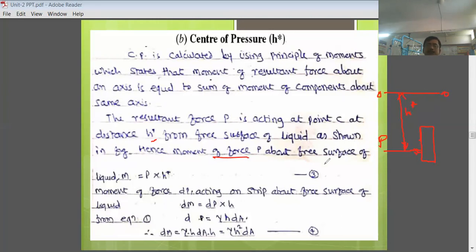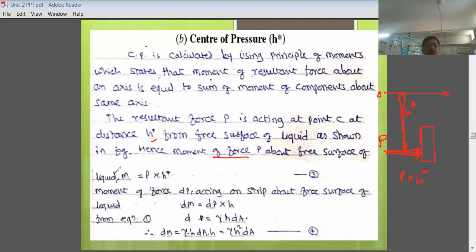Okay, free surface. Now what will be the moment of this capital P about this free surface? It will be the magnitude of this total pressure force, that is P, multiplied by the perpendicular distance between these two, that is H star.